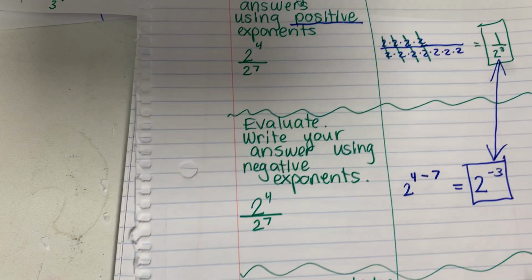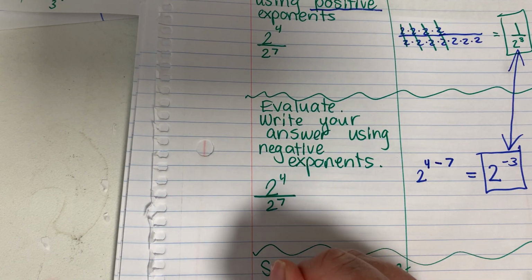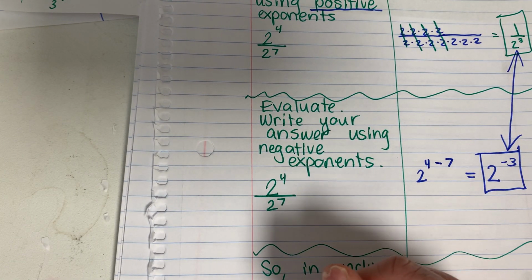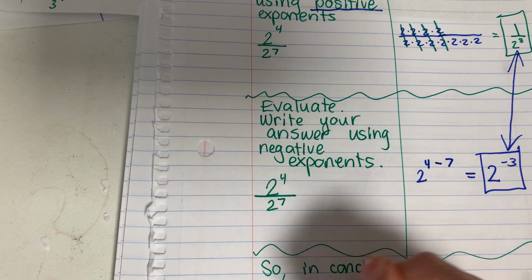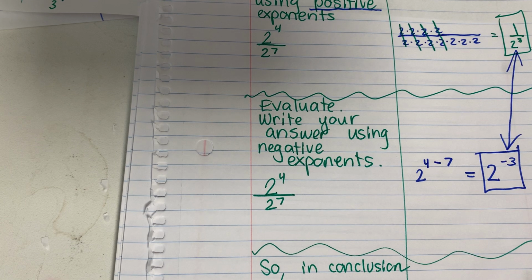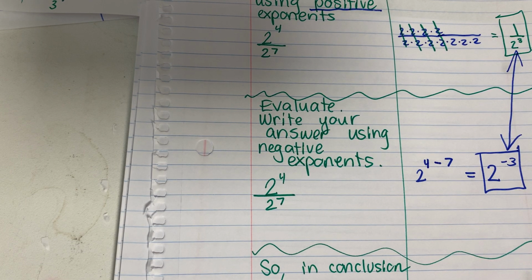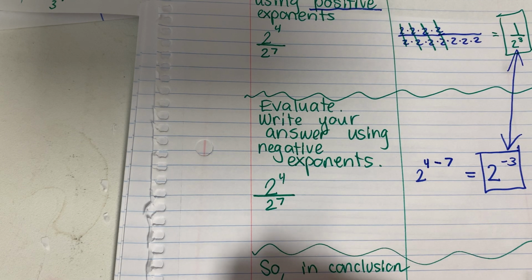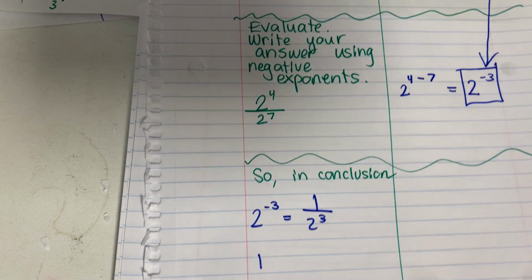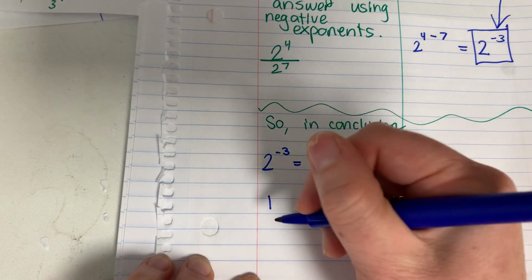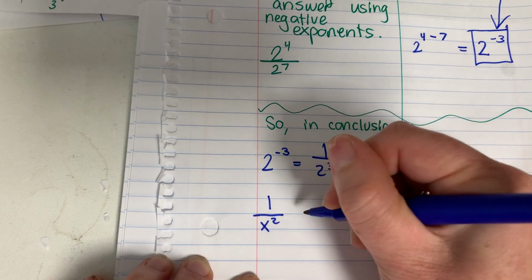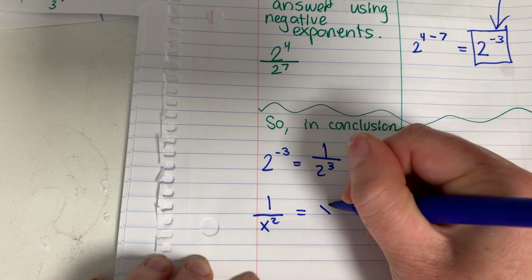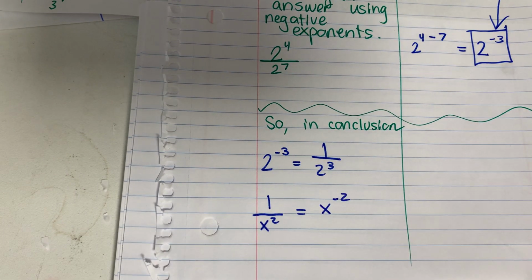In conclusion, 2 to the negative third is the same thing as 1 over 2 to the third. If we looked back at our example, 1 over x squared, that's the same thing as x to the negative 2.